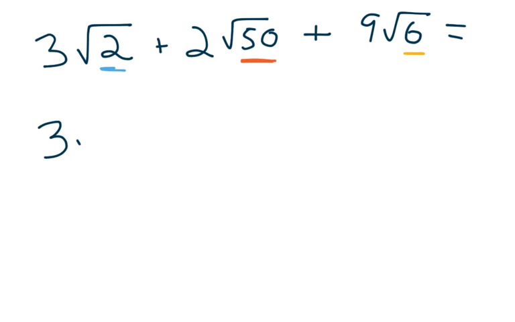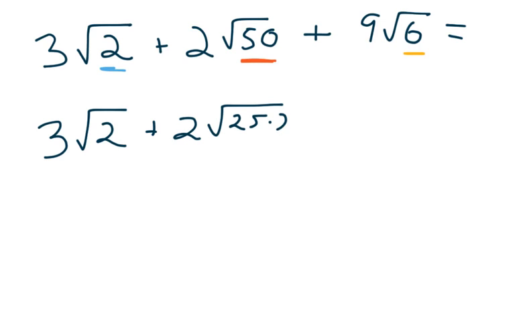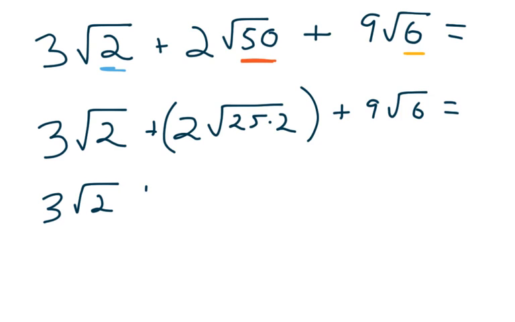So that would still be 3 root 2, it doesn't change. But we also know from a previous problem that root 50 is root 25 times 2. Everything else stays the same. I'm going to put this in parentheses to highlight it for you. We'll separate those radicals like we have been doing.